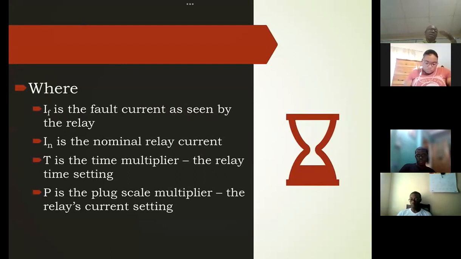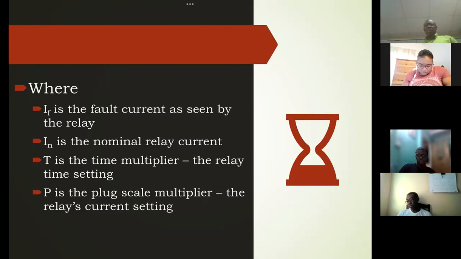So you can look at it in terms of what's on the system vis-a-vis what's on the secondary side of the CT. It will work out to be the same.